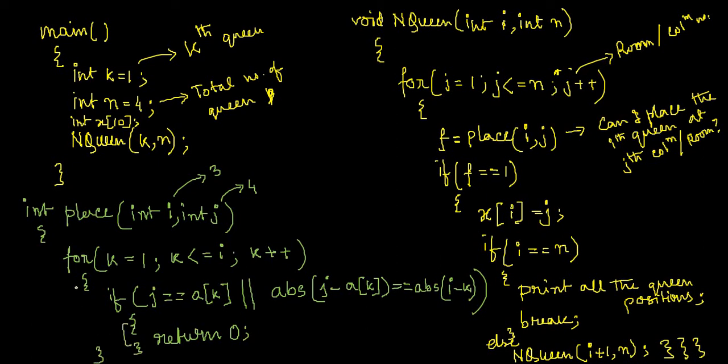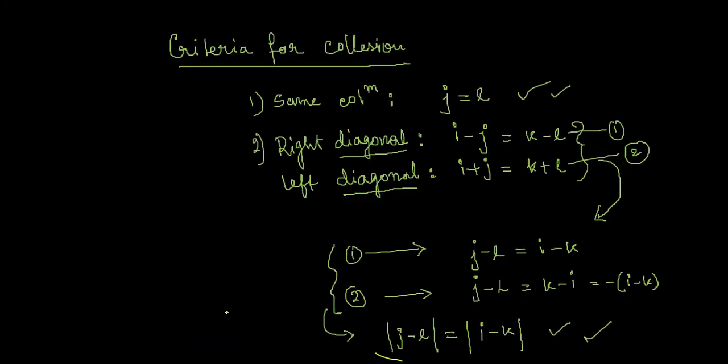This is for if and this is for loop. So I've written this j equal to A of k because of this particular criteria.